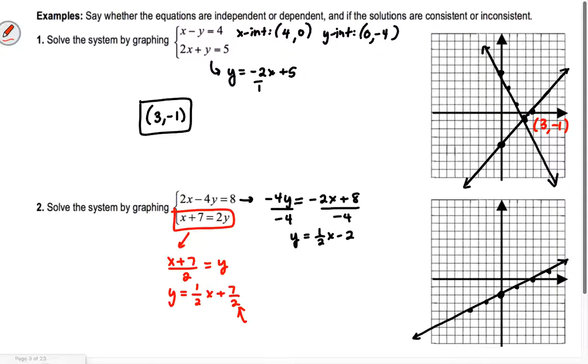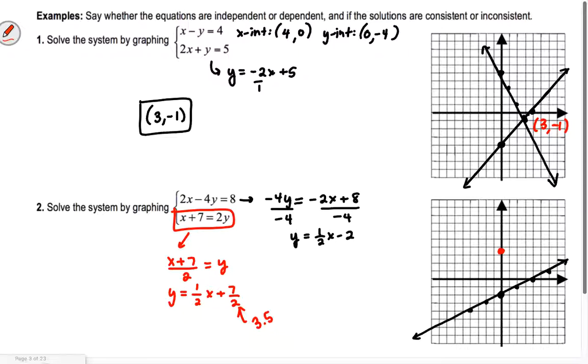This is the same as 3.5. So I'm going to go up to 3.5. You're thinking slope, yeah. And it's a little bit hard because it's kind of there in the middle. So you're up a little bit more than 3.5. So now when I graph it, I'm going to have to go between my grid lines. So I'm going to go up 1, and when I go up 1, I'm going up to 4.5, and then over 2. And that's my next point. You guys see that? So be really careful.